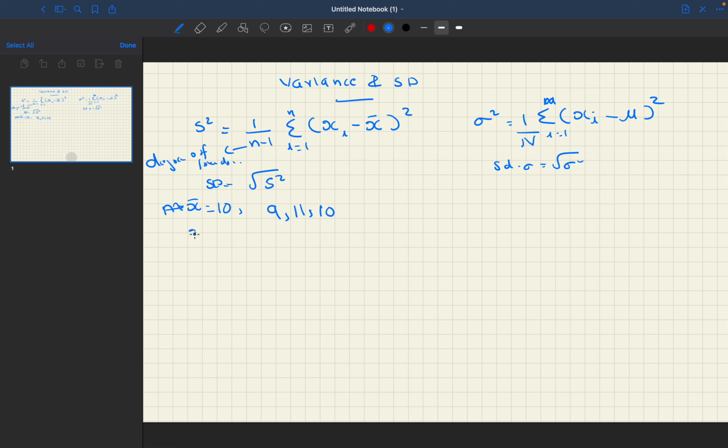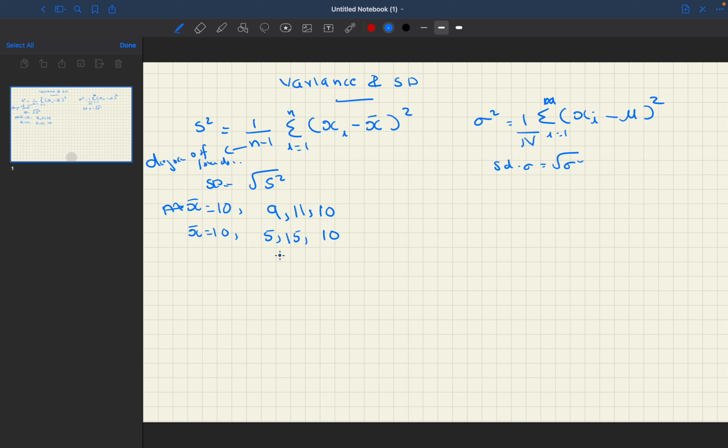Then consider another data set where x bar is equal to 10. Consider we have values 1 and 15, so the third value must be 10, right? Or consider a different example, since 10 is coming in both examples.